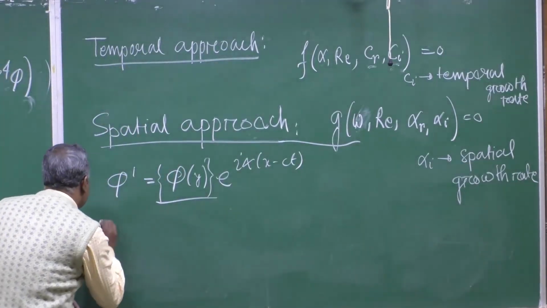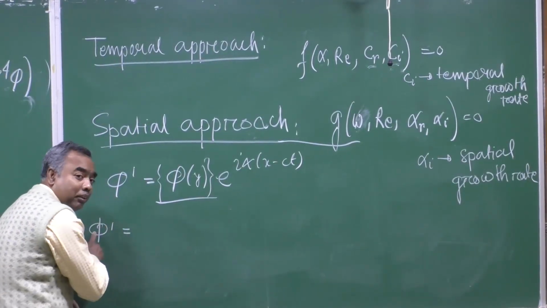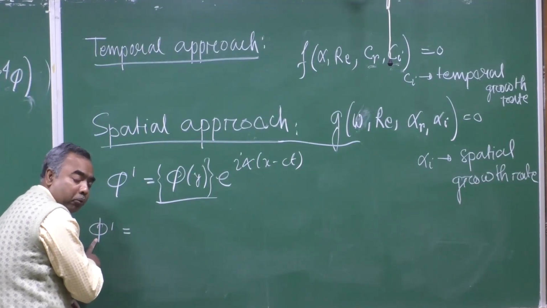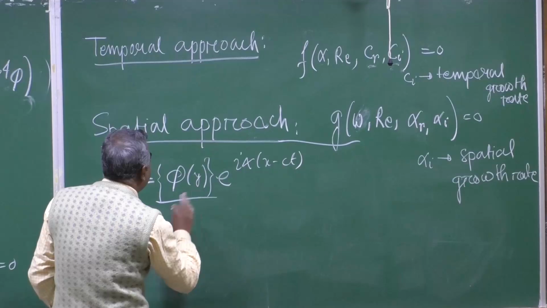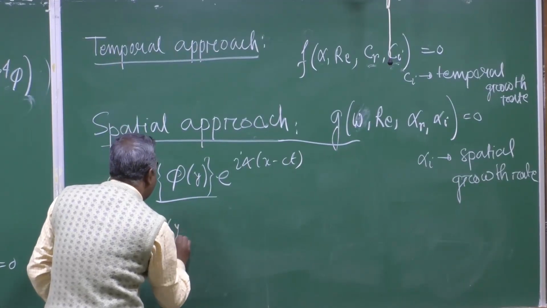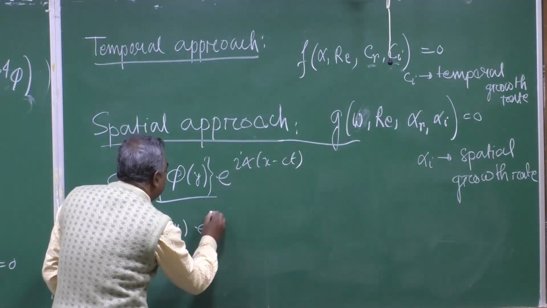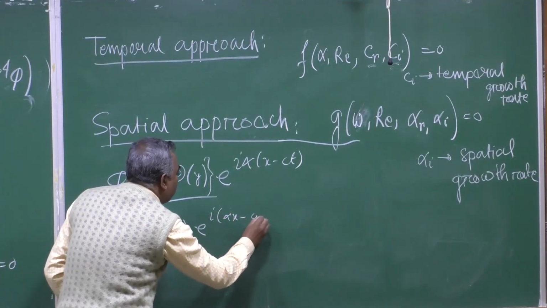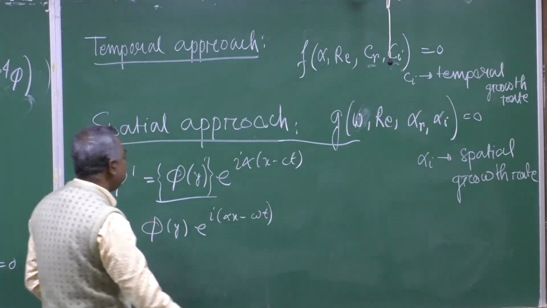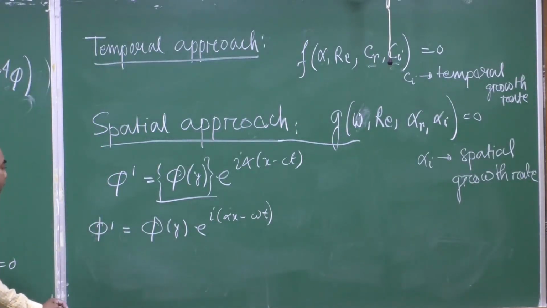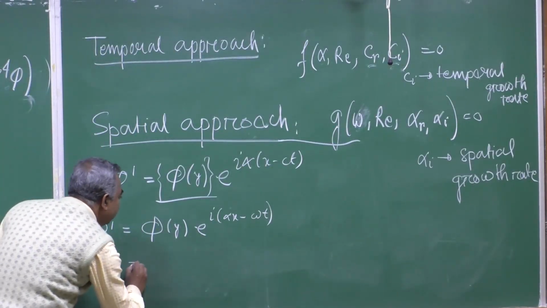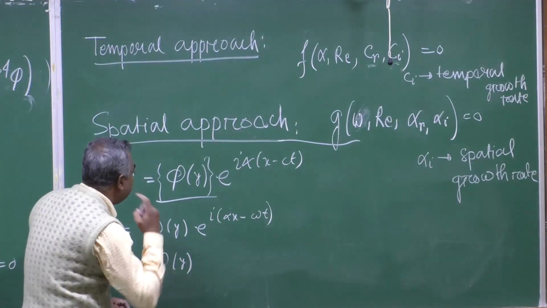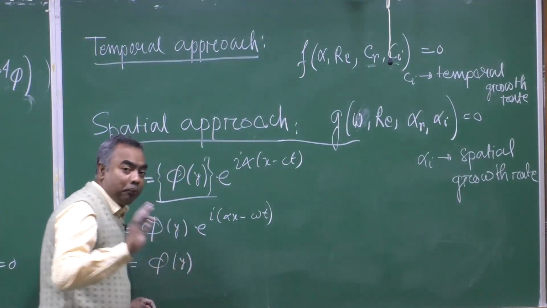So, that means phi prime, which is the disturbance quantity here, please do understand it is not the derivative with respect to y. Okay. So, that means you see that phi of y, if you consider this alpha x minus alpha c t, alpha c t is nothing but your omega t. So, this equals phi of y, our spatial approach.